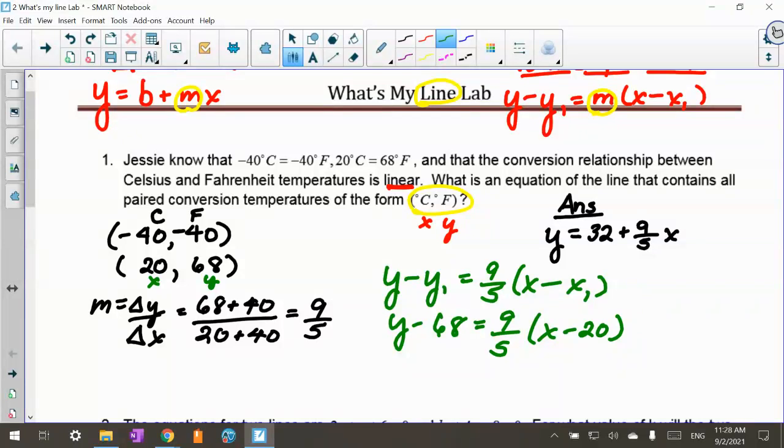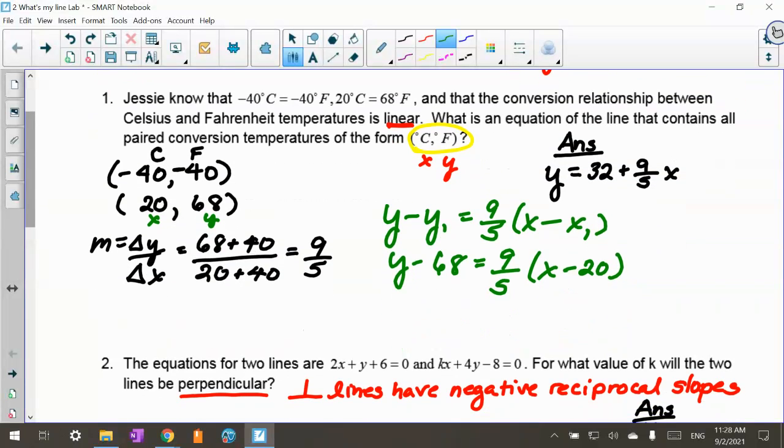Now, what I usually do after I have it like this is I multiply it through and add 68. And when I do that, I end up with this answer here, y equals 32 plus 9/5 x. The reason that's interesting is because this is in y equals b plus mx form, and this is my slope, and this is my initial value or my y-intercept.